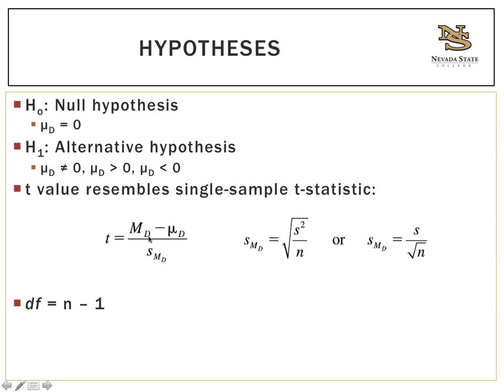We just take time 1 data and time 2 data, and we subtract time 1 from time 2, as I showed you. And we can easily get our estimated standard error by using one of these 2 different formulas. But what we don't have is this, the population differences, the population difference scores.